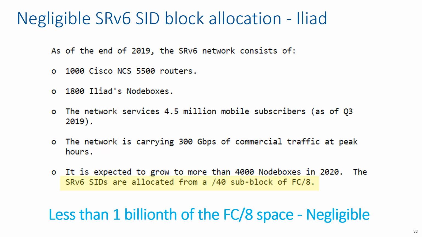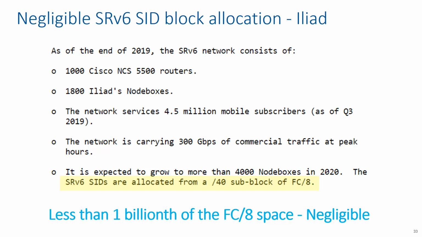So another review of the deployed use case, and here we really thank Iliad for sharing some specifics of their deployments. They deploy SRv6 in their network with a subblock of FC/8, which is the private block available to anybody for their private deployment. And they do all the SRv6 solution across the different networks with a /40. So they are using 1/billionth of what they could use.